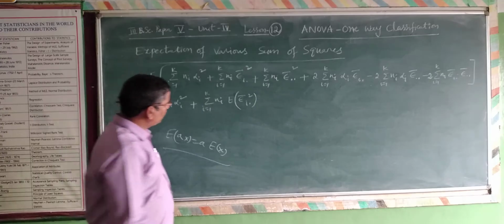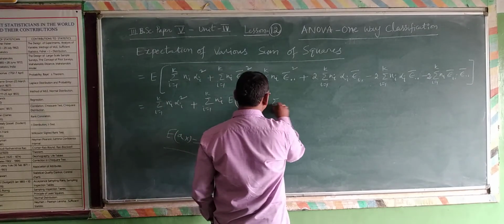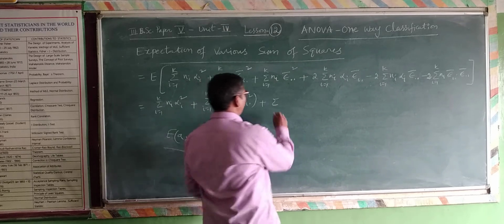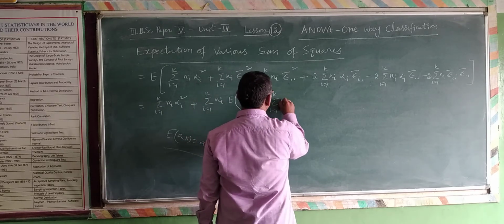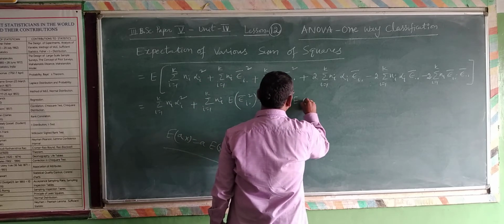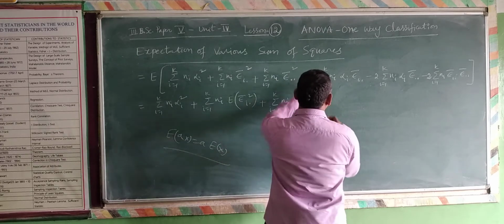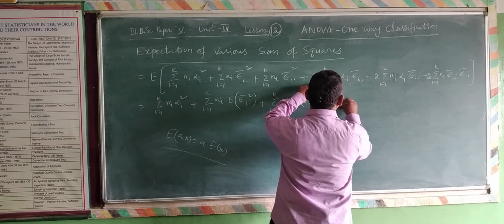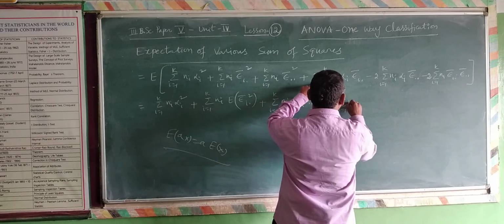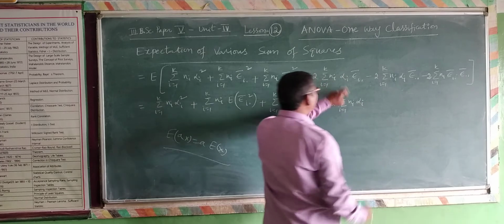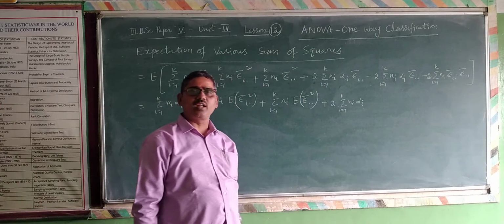Right? Similarly, the next one, epsilon bar dot dot square. Summation i equal to 1 to k of n_i into expectation of epsilon bar dot dot square, plus the next term, 2 into summation i equal to 1 to k of n_i alpha_i. The alpha is also a constant, it does not depend on expectation.